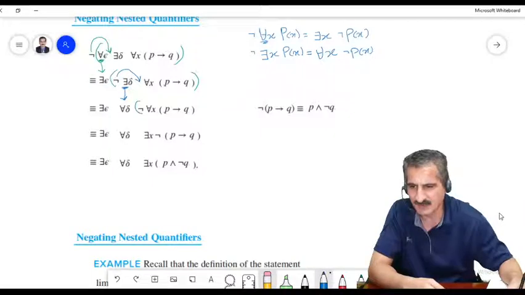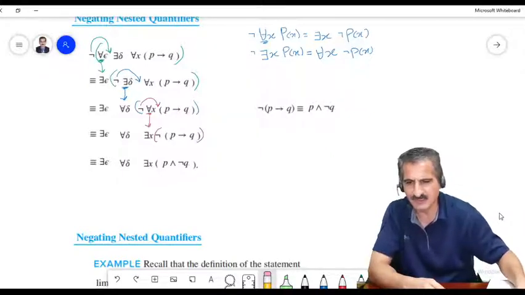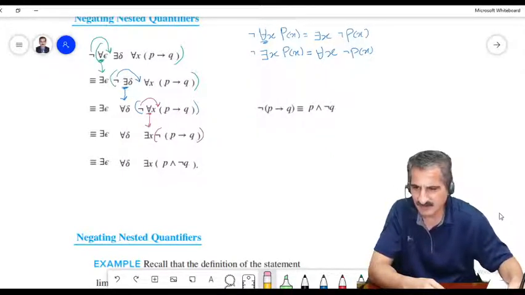So we get this. And one more time, we'll bring the negation to the inside and then change the quantifier. Then we get that. And the negation, as we see it here, is as follows. This negation brings this, and then we are done.